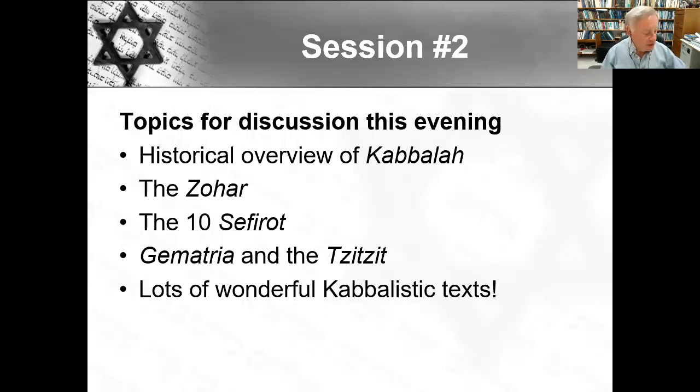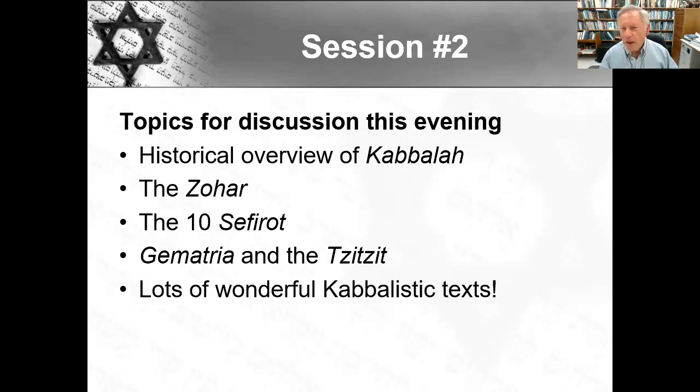Gematria is a way of uncovering secret meanings in the text, because every Hebrew letter has a number assigned to it. And as you will see, the way we tie our Tallit, the way we do a lot of things actually comes out of that numerical tradition. And the other thing which we'll do is just jump into several Kabbalistic texts.